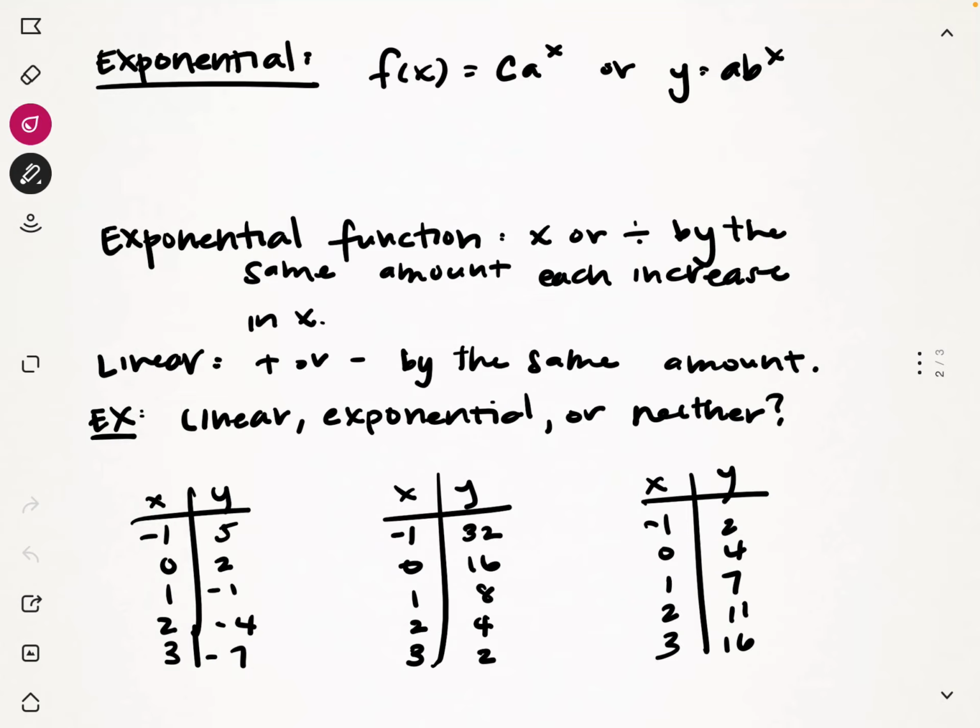Exponential functions can look like this or that. It's pretty much the same stuff with different letters. The book uses c times a to the x, but I see a lot of times in other work that we have y equals ab to the x. Either way, the parts are the same.